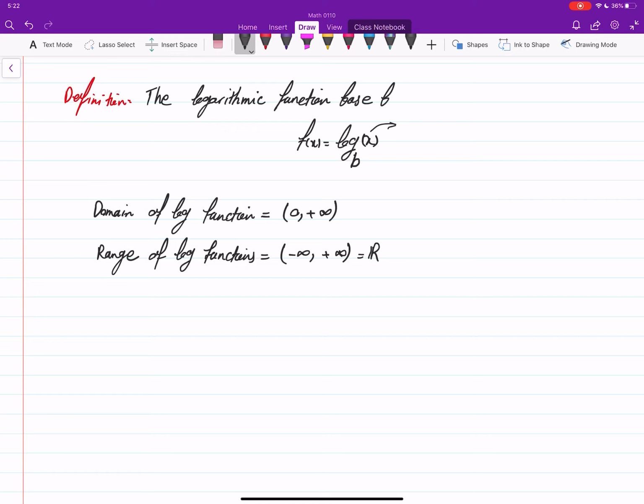There are other properties. For example, log is a continuous function. So it is continuous on its domain. And log is differentiable. We will find the derivative in the next section.